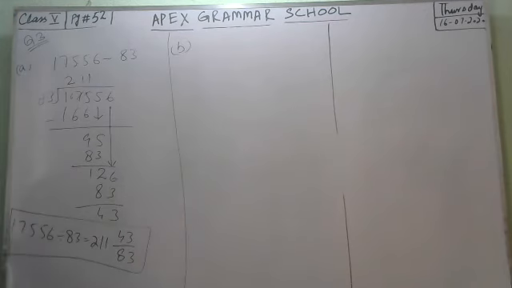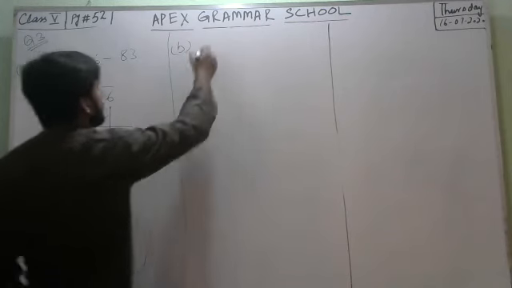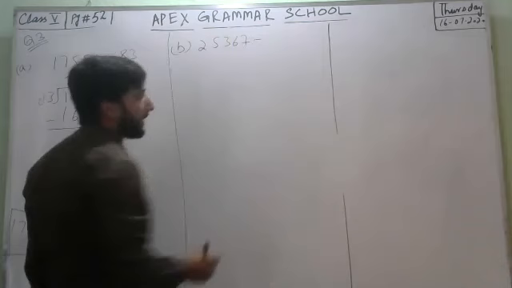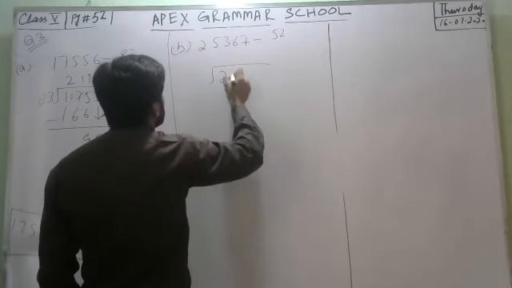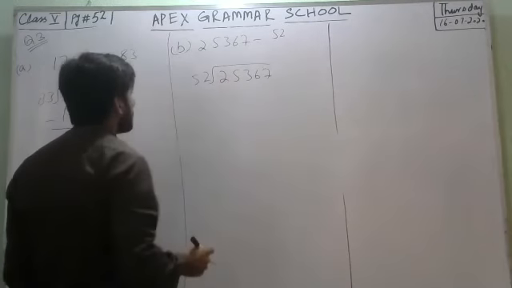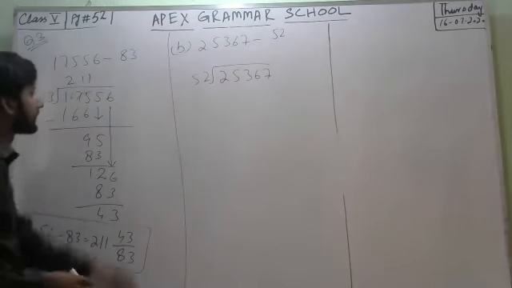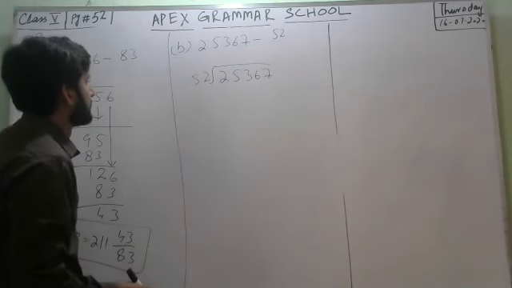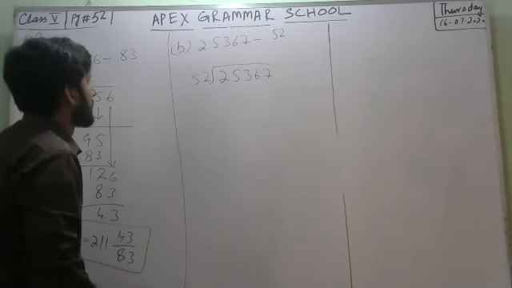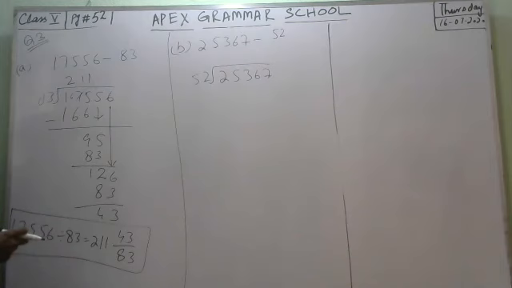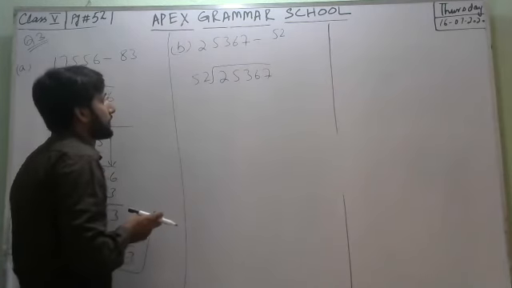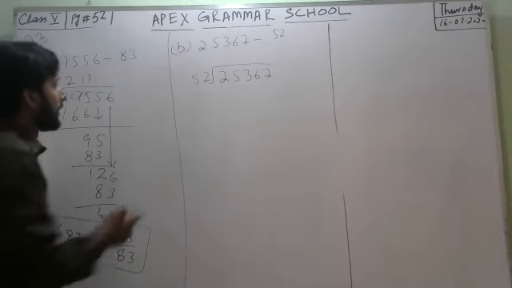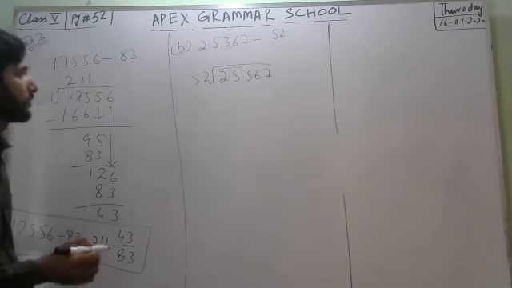B part is 25367 divided by 52. Now the first two digits are 25, which is smaller than our divisor, so we have to consider the first three digits.